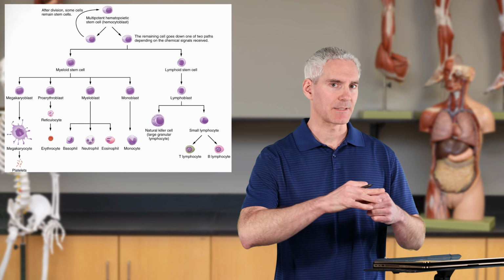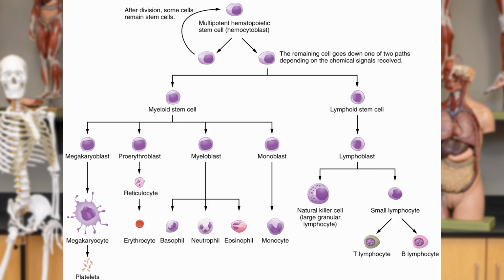All right, we've seen this. Let's blow up full screen again. Remember, you start with the hemocytoblast and go down either the lymphocyte side, which is the lymphoid stem cell, the lymphoblast, and then either the natural killer cell or the small lymphocyte, which is the T or B cell lymphocyte. That's one pathway.